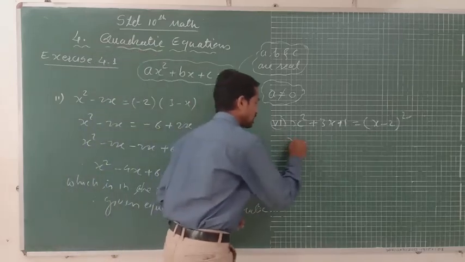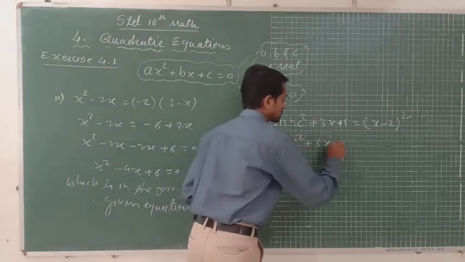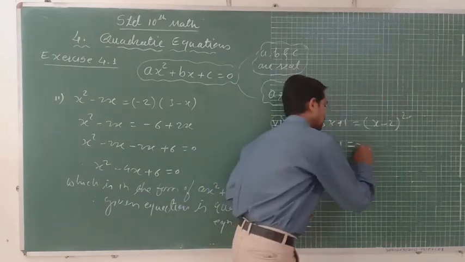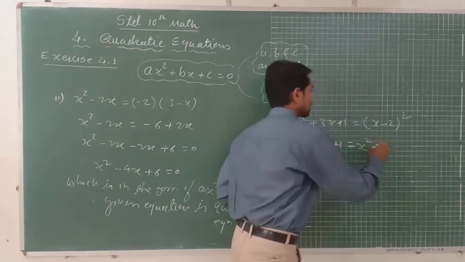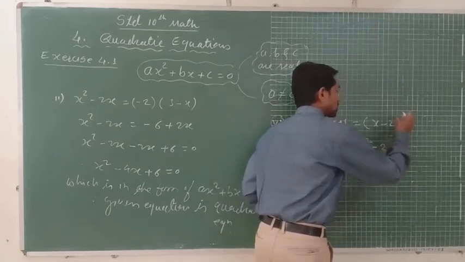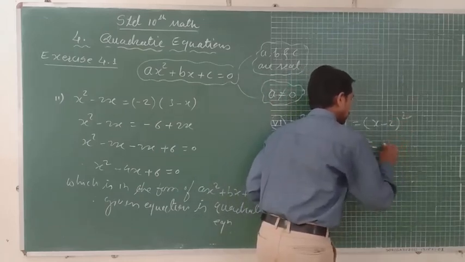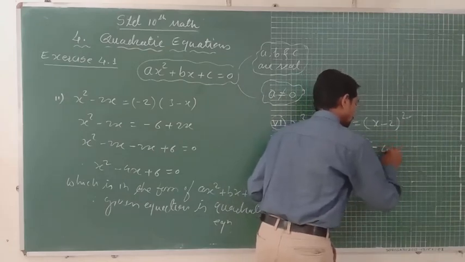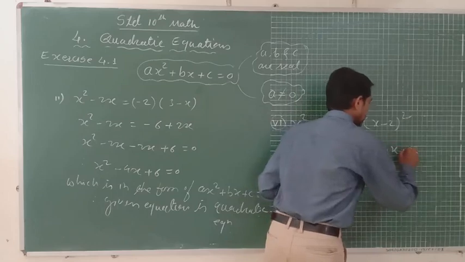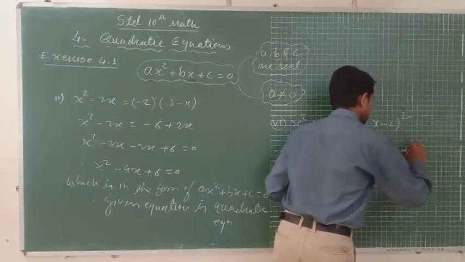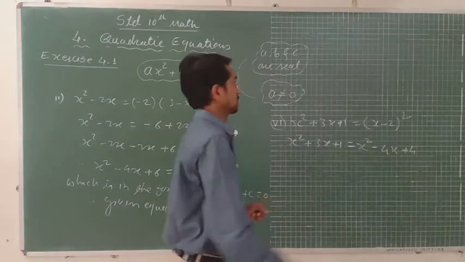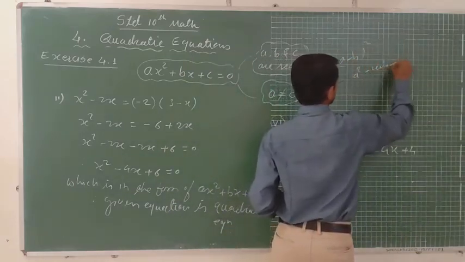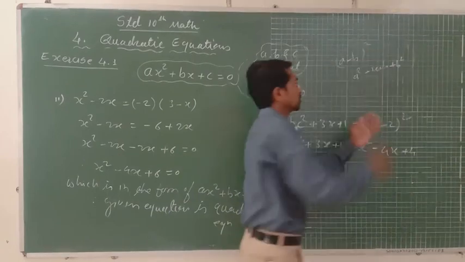It is given: x square plus 3x plus 1 is equal to a minus b whole square. So x square minus 2 into x into 2, that is minus 4x, plus 4. A minus b whole square is a square minus twice ab plus b square. This is what we have to use here.